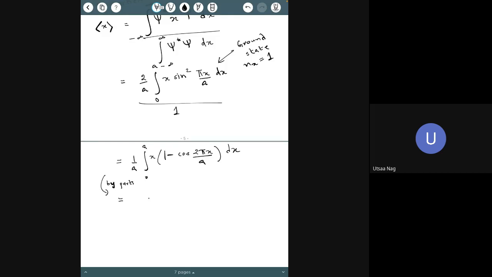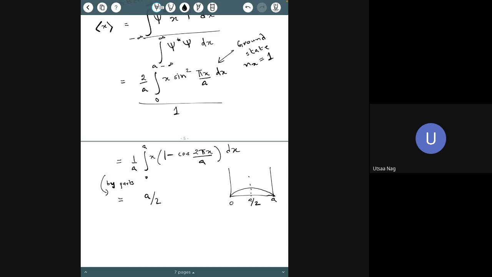Working it all out, you will find that the average value turns out to be a by 2. So basically, for the ground state, the particle in a 1D box has an expectation value of x which is a by 2. So this is the average position of the particle.